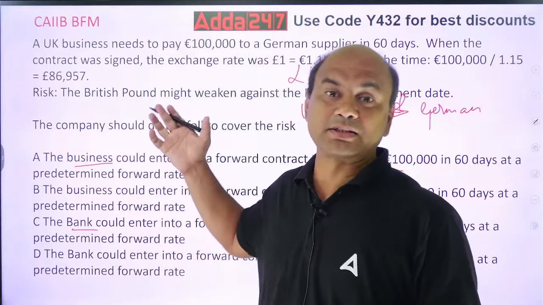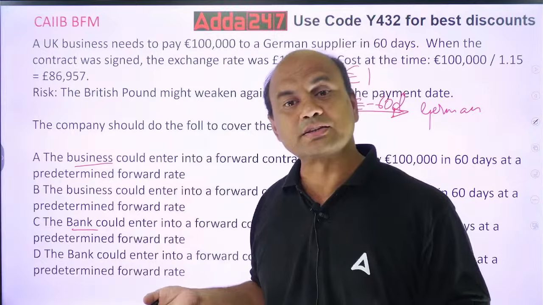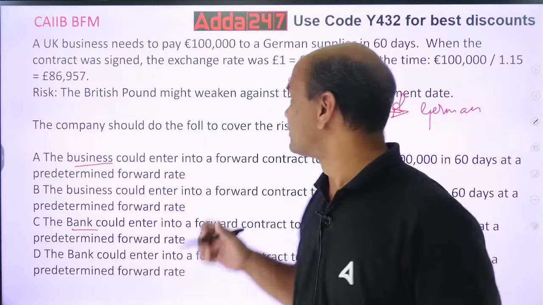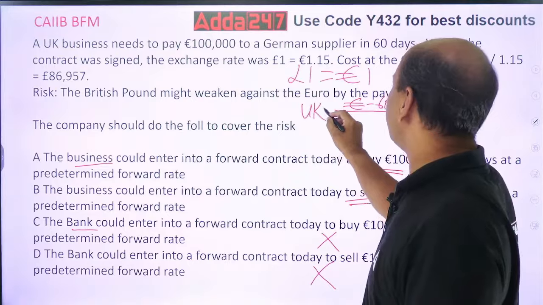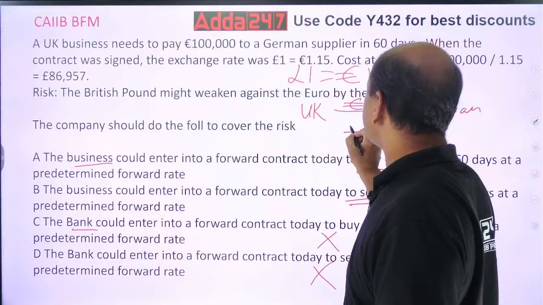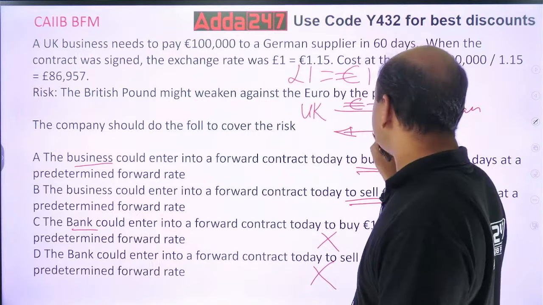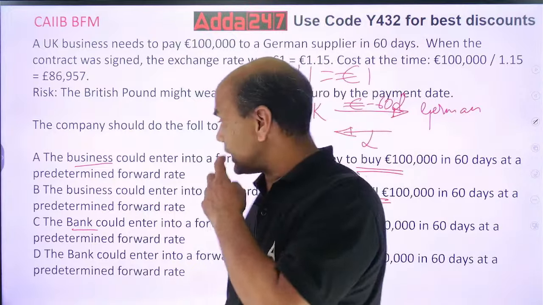This transaction is happening in London. So London's currency is what? Pound. So I have to give euros and get pounds. So I'll enter into this contract, pound. That's what is mentioned.